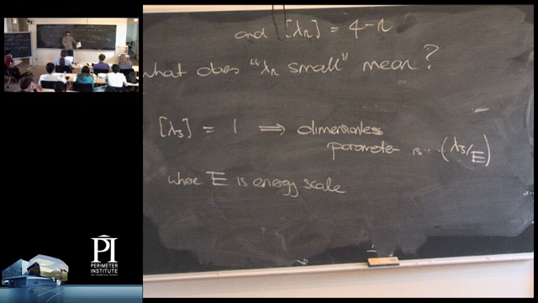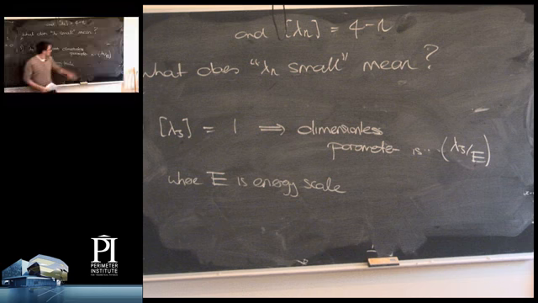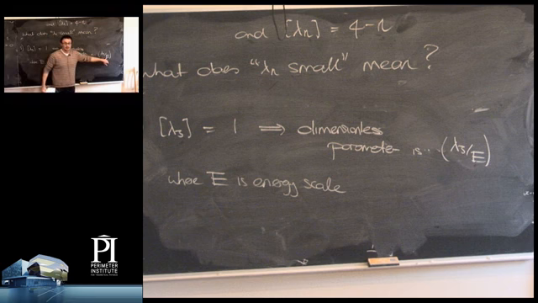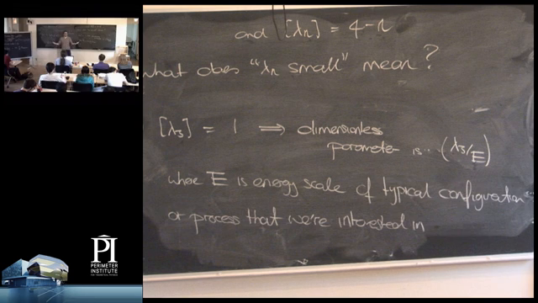If you have a particular configuration phi which solves the equations of motion coming from the first 2 terms, that has some energy associated to it, E. And that extra term we're adding is going to be small as long as lambda 3 over E is small, where E is the energy of the configuration that we're actually interested in. If we say those same words quantum mechanically, E is the energy of the particular process that we're considering.